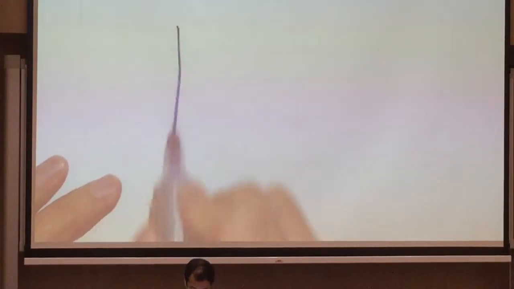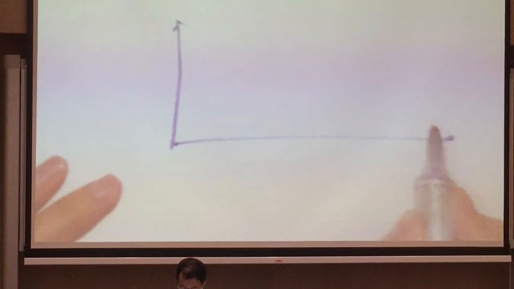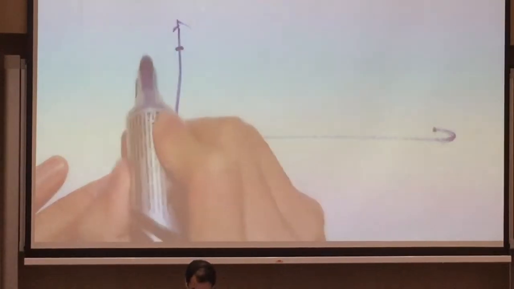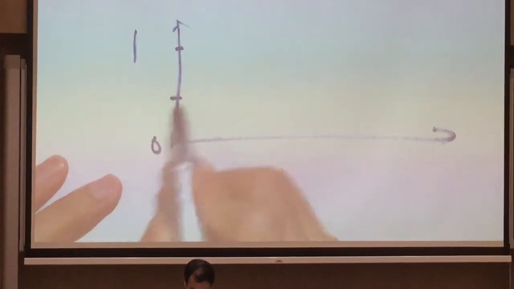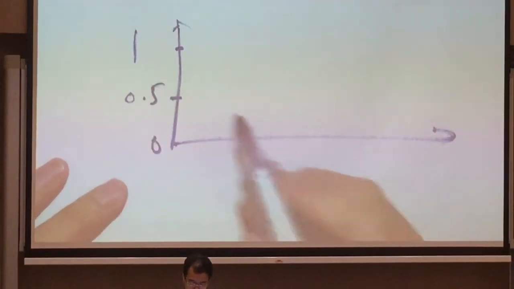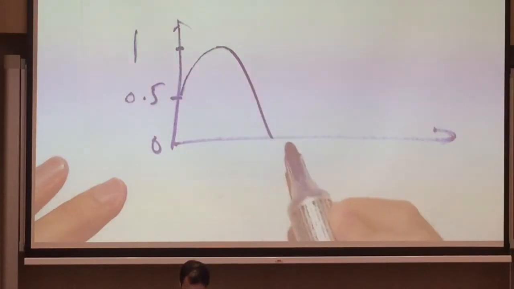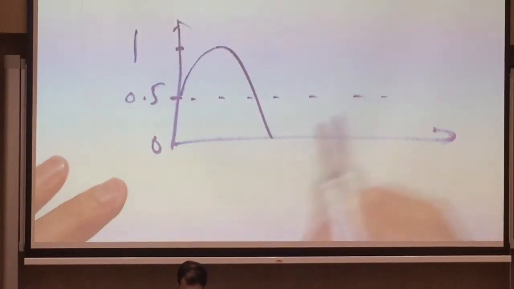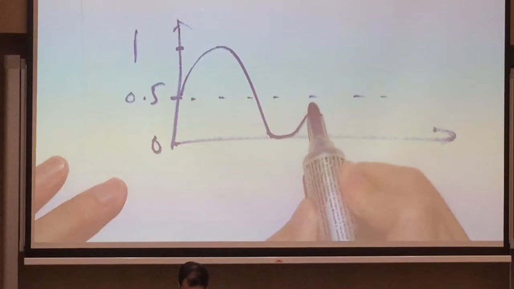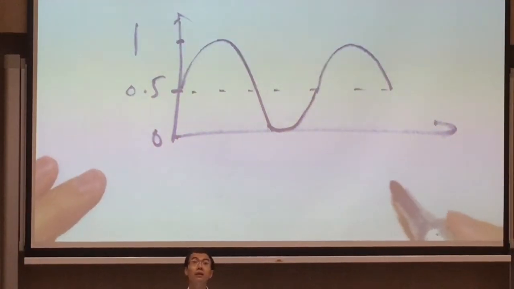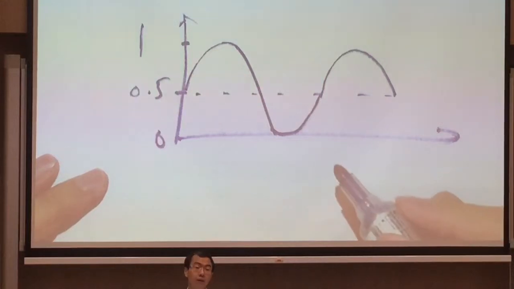If you have a sine wave from 0 to 1, with the peak at 0.5, so if you have a sine wave like this one, this is your sinusoidal wave.